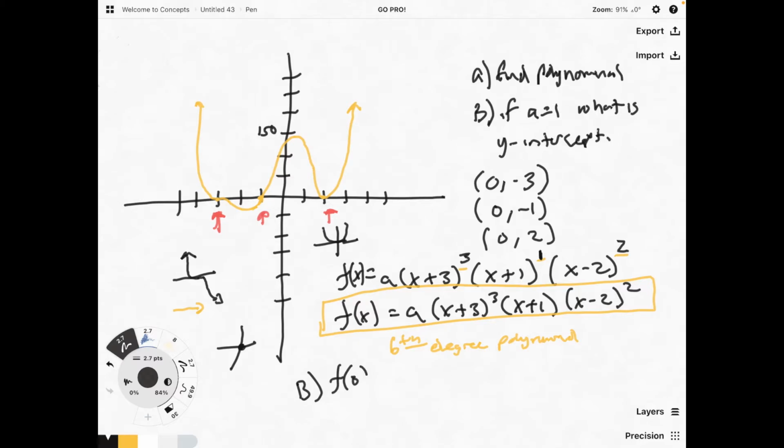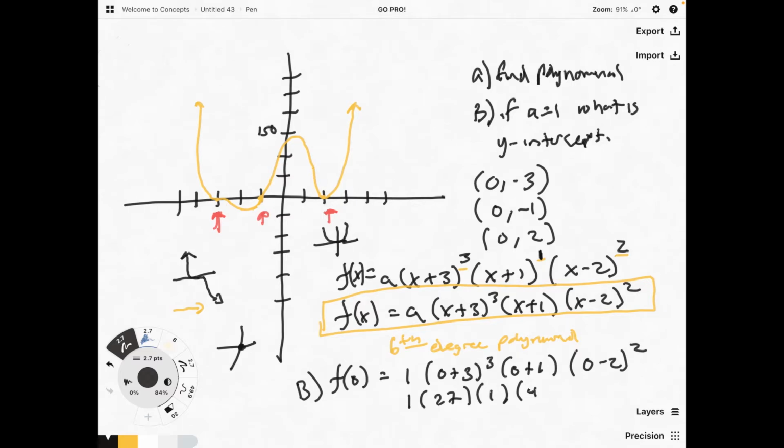So at f of 0, we get 1 multiplied by 0 plus 3 cubed multiplied by 0 plus 1, and then multiplied by 0 minus 2 raised to the second power. To simplify, we get 1 multiplied by 3 cubed is 27, multiplied by 1, multiplied by negative 2 squared, which is 4. Further simplifying, we essentially get 27 times 4, which is 108.